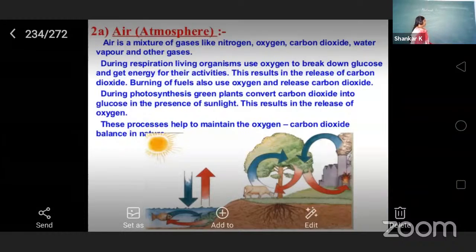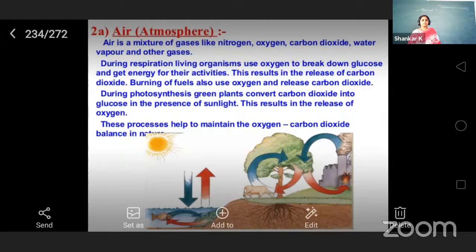The atmosphere has about 78% nitrogen, which is the most abundant gas. Oxygen is 21%. Carbon dioxide is only 0.03%. The remaining gases are about 1% or less in the atmosphere.